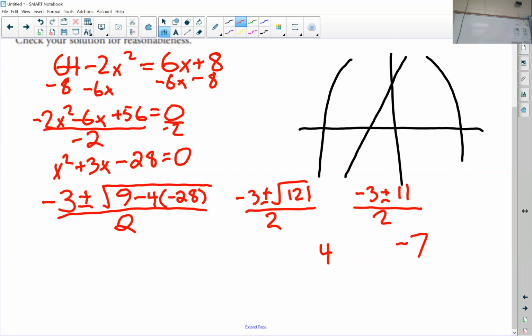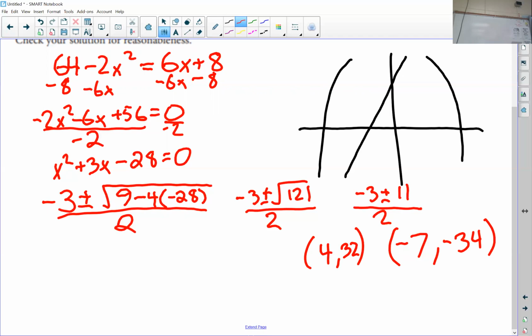So now I plug those back in to get the values that correspond. 6 times 4 is 24, 24 plus 8 is 32. 6 times negative 7 is negative 42, negative 42 plus 8 is negative 34. These are my two solutions.